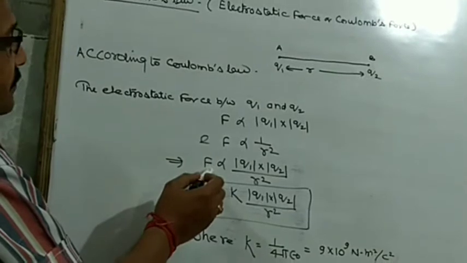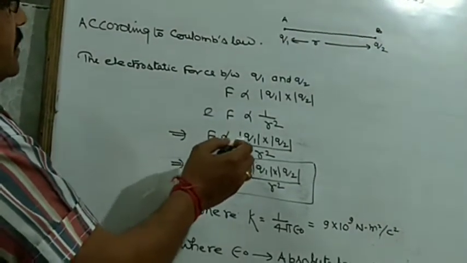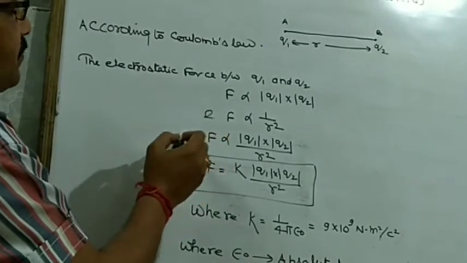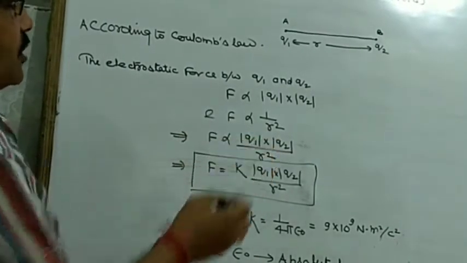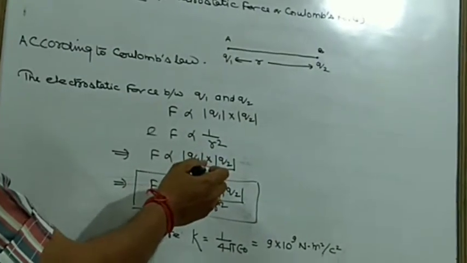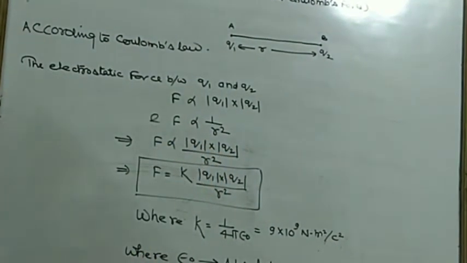After combining these two, F is directly proportional to the product of magnitude of Q1 and Q2 upon r square.